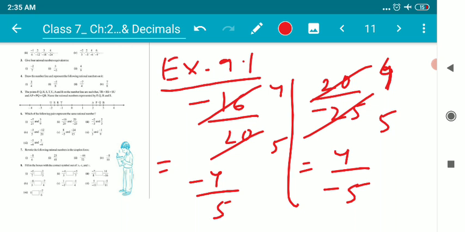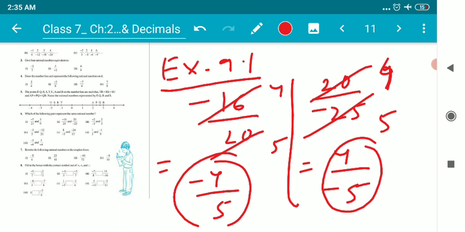Children, there is something which may confuse you, but we won't be confused. My left hand side and right hand side numeric values are the same. Both are 4 by 5. But on the left hand side, the minus sign is with the numerator and on the right hand side, the minus sign is with the denominator. Children, always remember, it doesn't matter whether the minus sign is in the numerator or in the denominator.